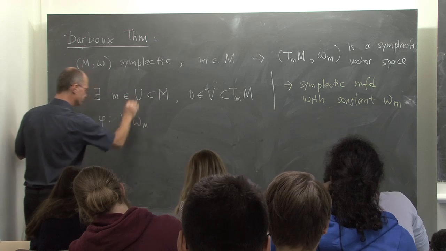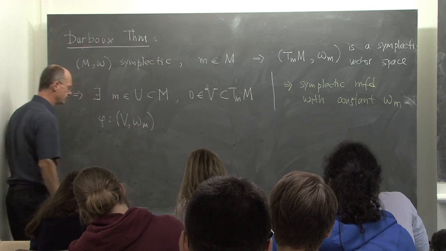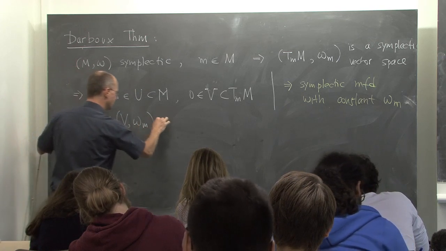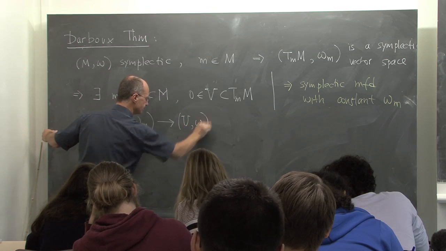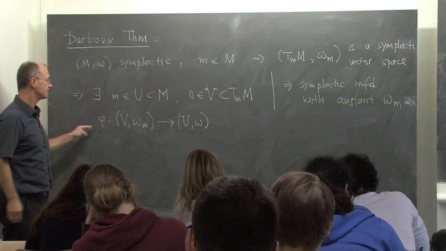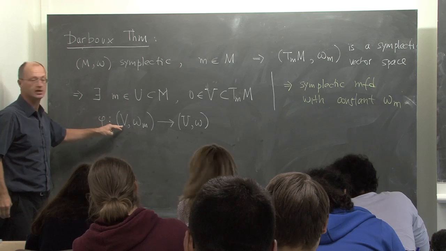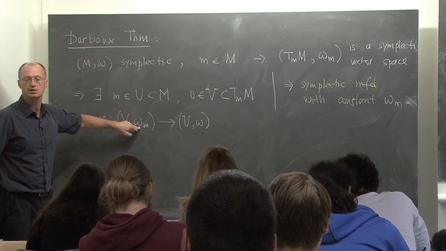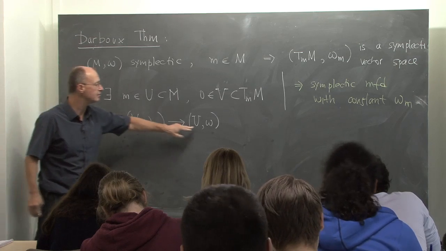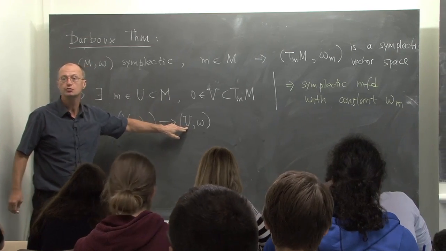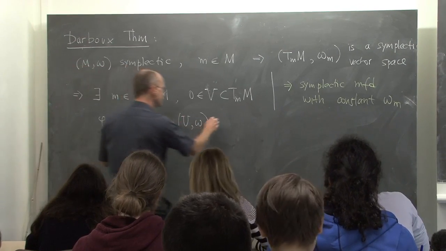Here the direction of the map, maybe we'll have to negotiate later on. And the symplectomorphism phi from V endowed with the constant symplectic form omega m to U endowed with the symplectic form omega.